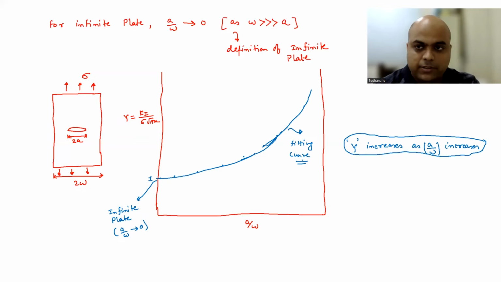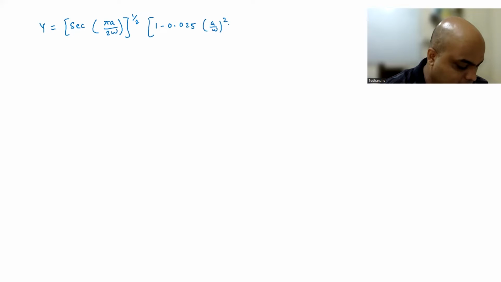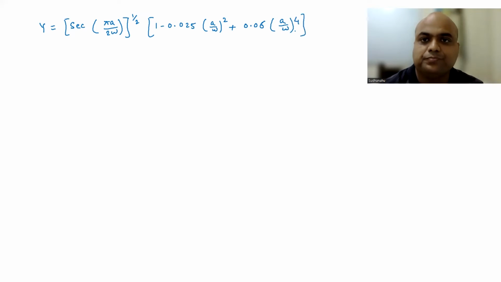Right? So that expression will be given as Y equal to sec of pi A by 2W, square root of 1 minus 0.025 (A by W) squared plus 0.06 (A by W) to the power 4. Okay.